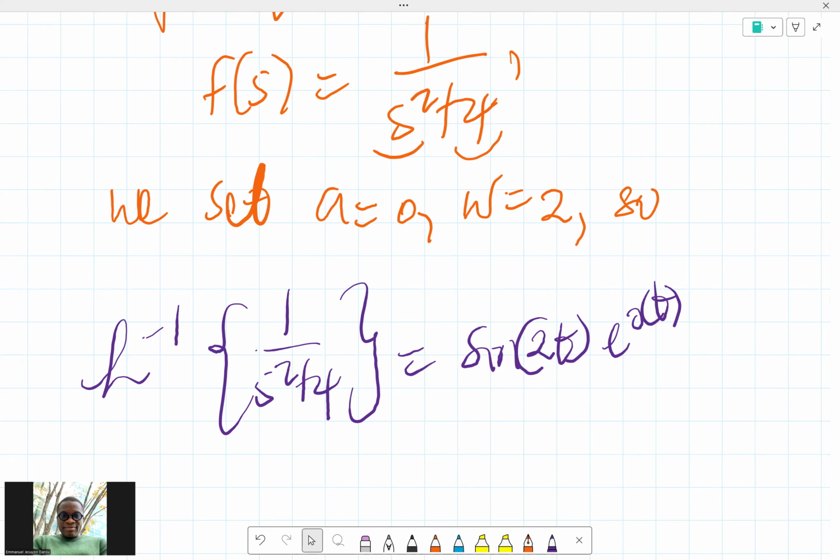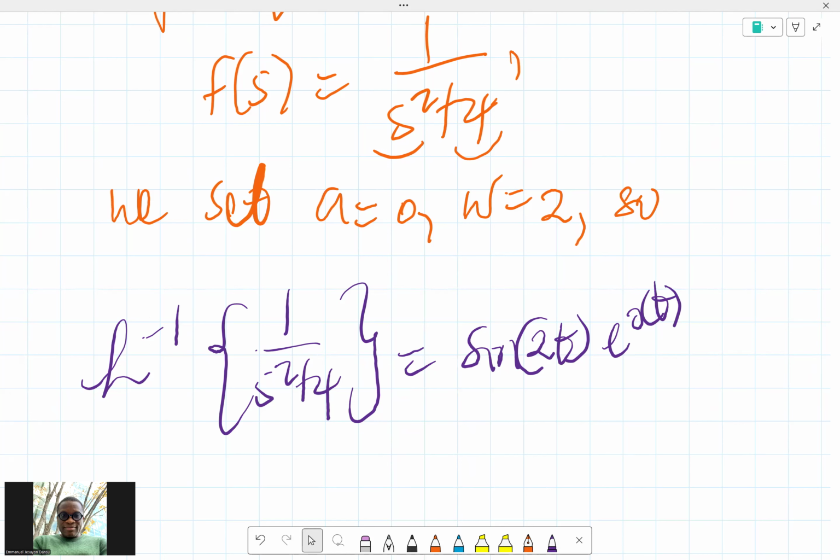Okay, so the Laplace transform of sine 2t normally is actually 2 over s squared plus 4. Normally, if we have sine t, right, that's 1 over s squared plus 1. Now that we have 2, it's like this.